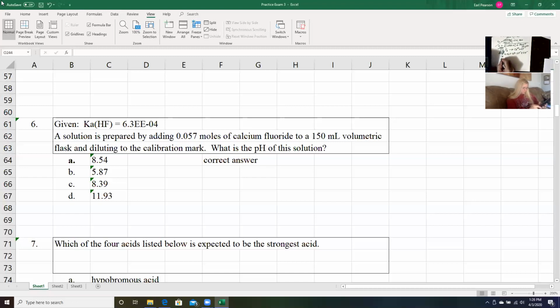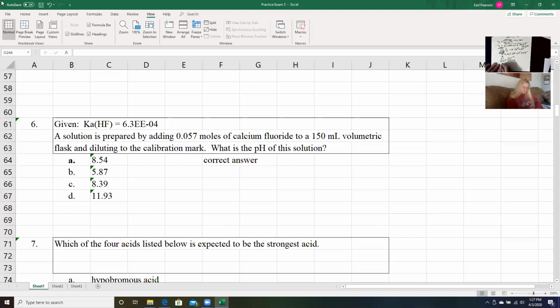So my x squared divided by 0.76 minus x is going to equal the constant for this, the Kb for this ion, which is Kw, 1 times 10 to the minus 14, divided by the Ka for the acid, which is 6.3 times 10 negative 4.